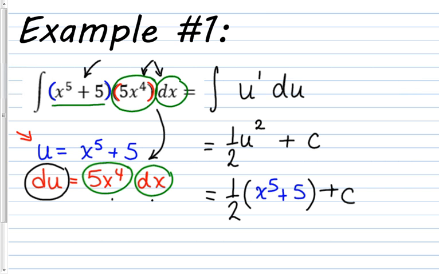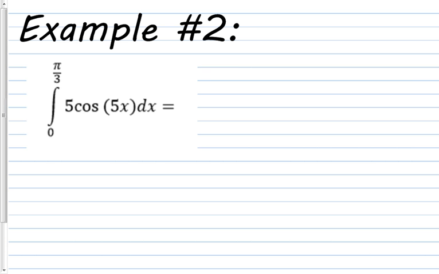Okay, example 2. Okay, so again, figure out what is u and then take its derivative. So if I look at this, 5 cosine 5x. Okay, so this right here, the inside stuff. If I derive that, I get 5. So u is going to be 5x.